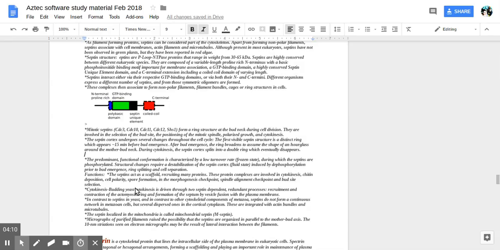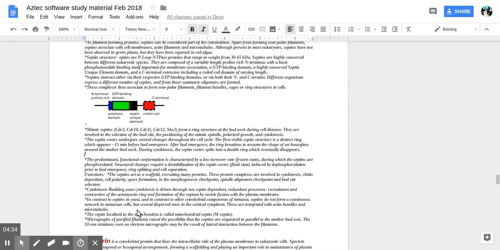When you have replication and you need to pull the two daughter cells apart in separation, and cytokinesis, splitting of the cell's interior and the cytoplasm and its organelles, as well as the nuclear material.